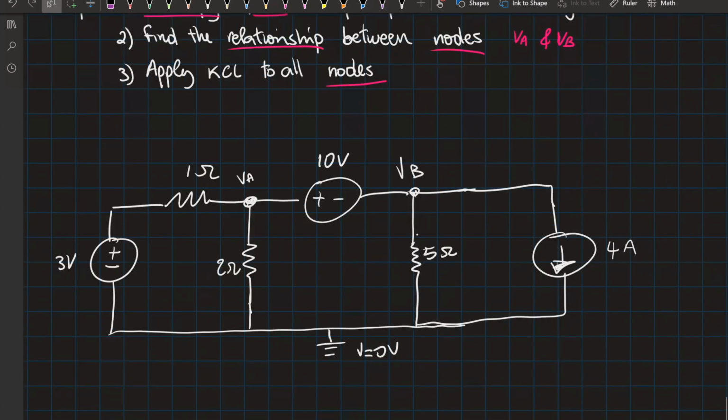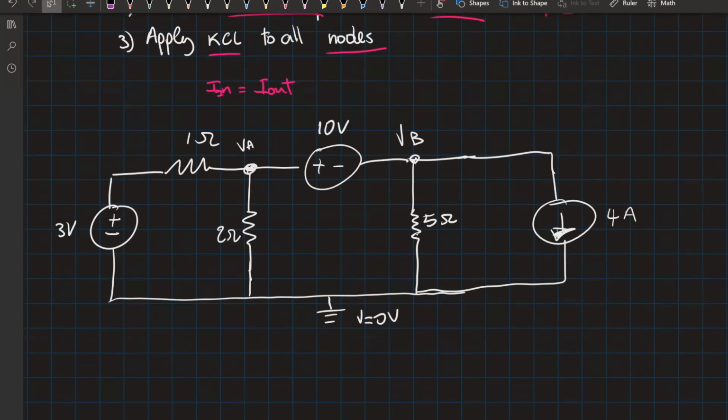We know that KCL tells us that the current going in is equal to the current going out. So we can write our currents. Let's assume this current here is going out from the node, as well as this one here, as well as this one here, to make it easier for us, as well as this one here.